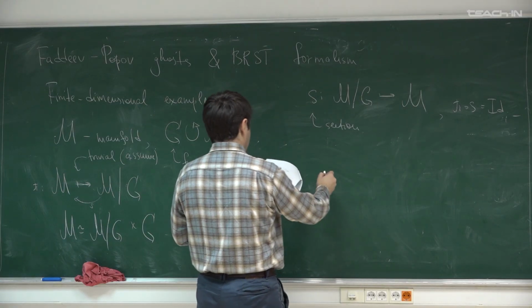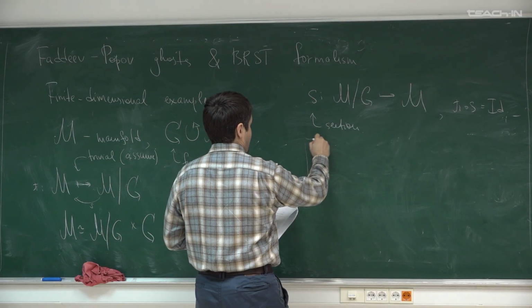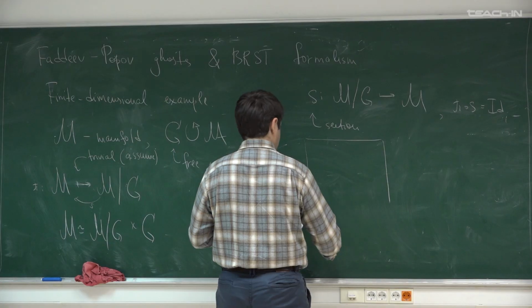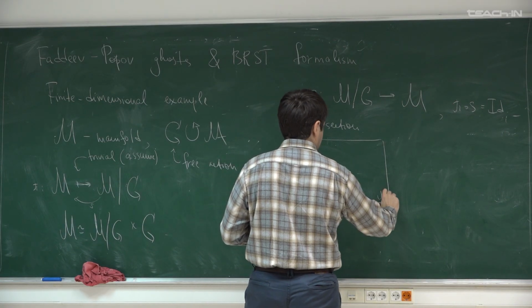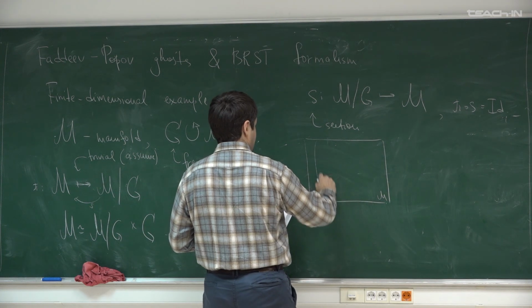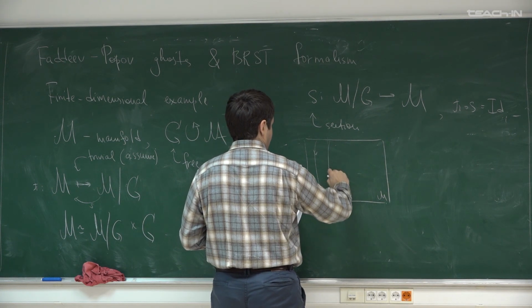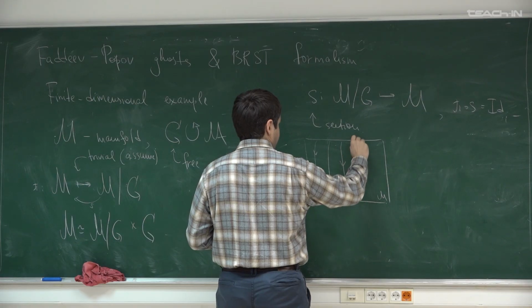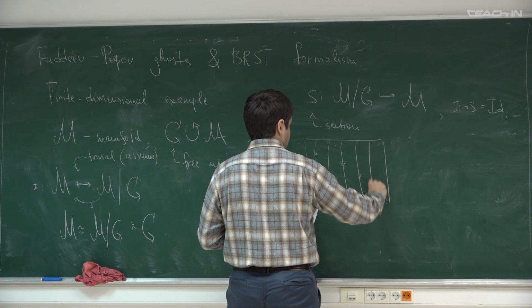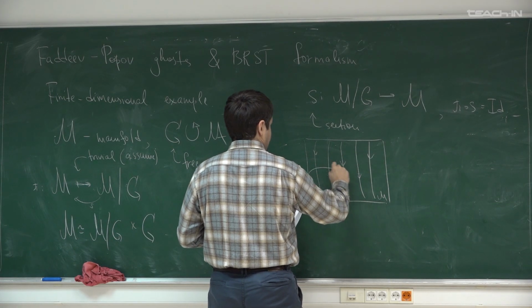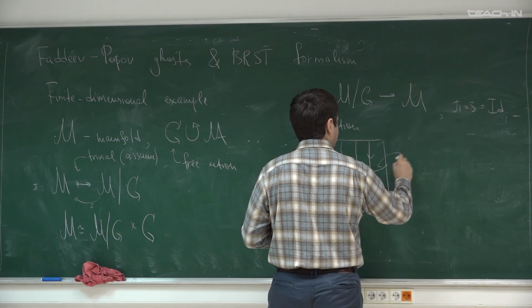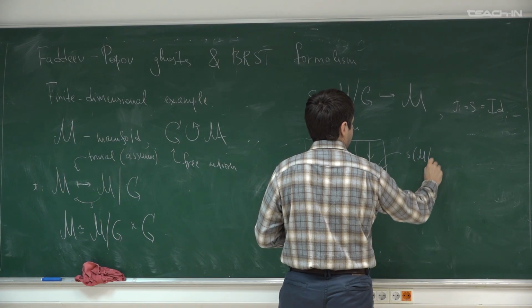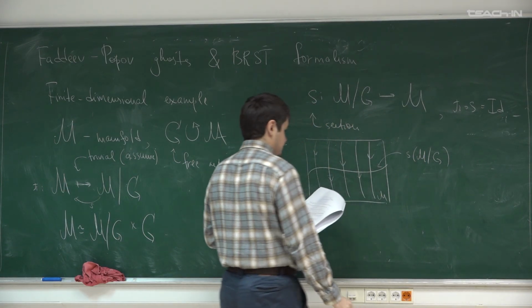So the picture is as follows. We have our manifold M, and we have these G orbits. The action of G is like this, and then the section is something like this, the image of S.